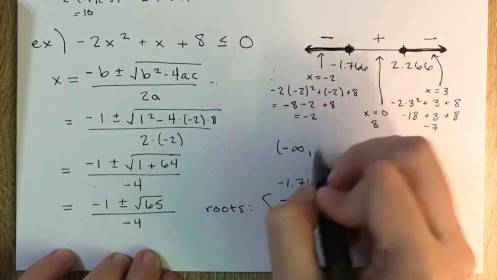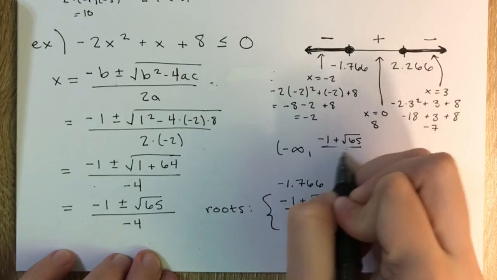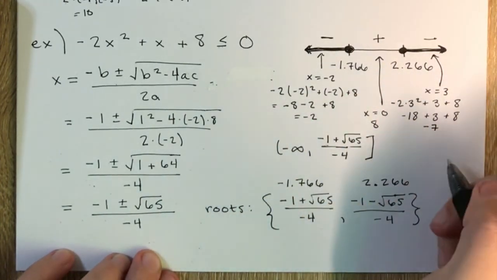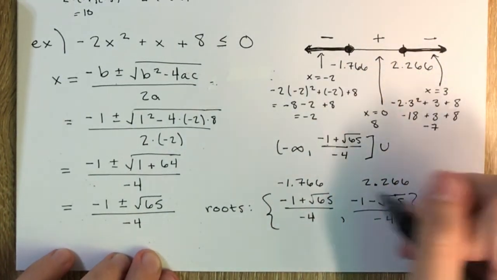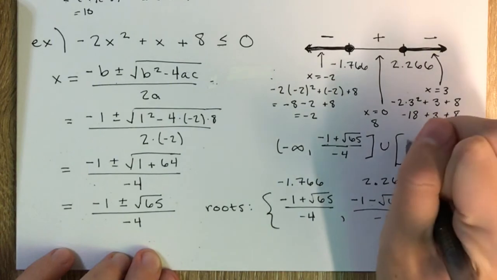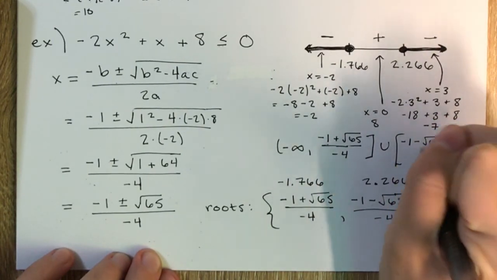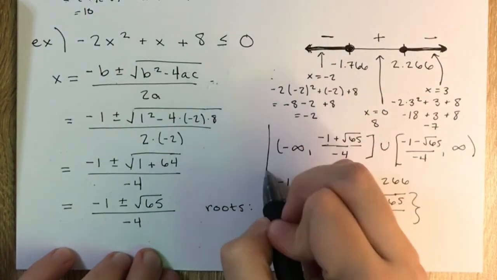So negative infinity to negative 1 plus the square root of 65 over negative 4, and we include it. Union, my second root, which is this guy, included. So we have negative 1 minus the square root of 65 over negative 4 all the way to infinity. This is my answer.